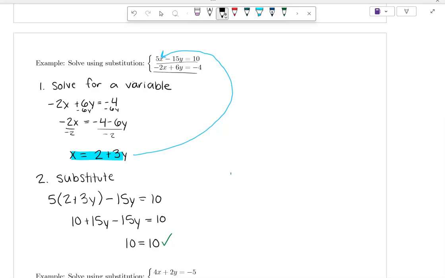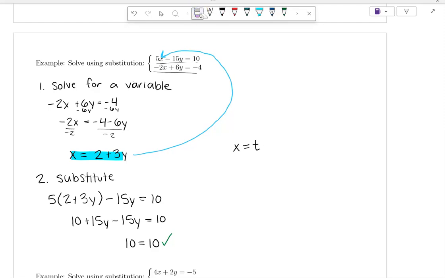But we still have to find the variables for this. It's just going to look a little bit different. So if you get something that's true when you substitute, what you can do is we'll put it in terms of t. So we'll do x is equal to t.